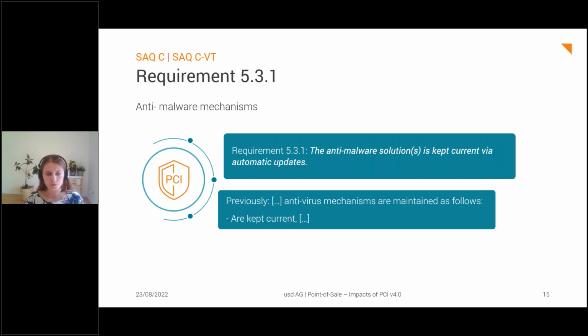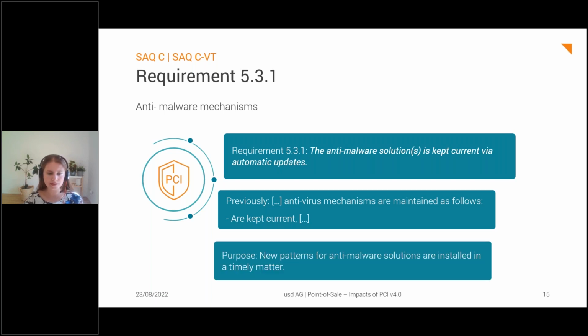But now we have to make sure that those anti-malware solutions are kept current through automatic updates. So it's not enough here to do manual updates. The purpose here is that the anti-malware solution you have installed is always updated in a timely manner, and you don't forget any important updates.